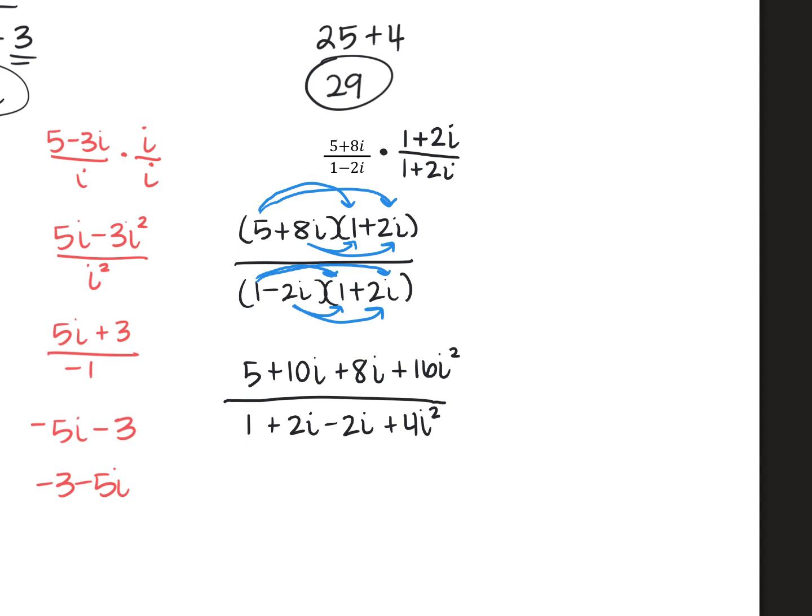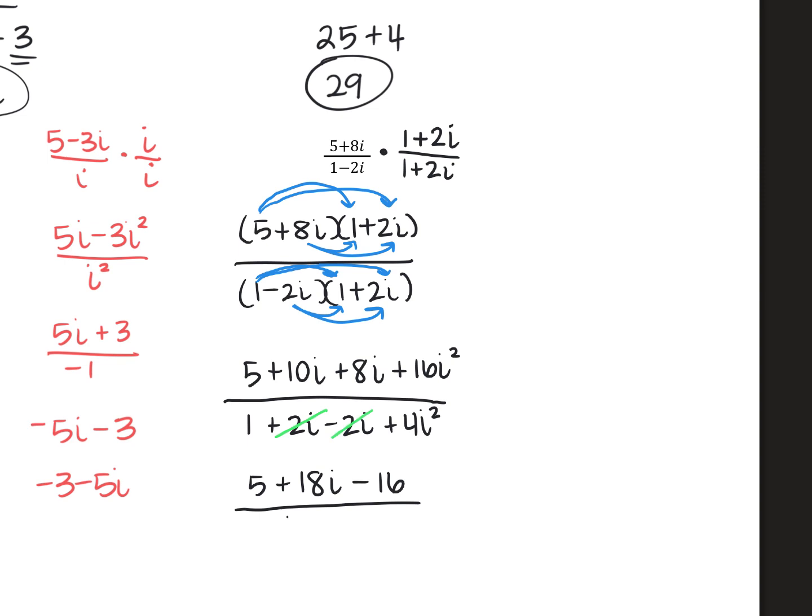Just like when I was multiplying with radicals, I'm now going to combine like terms in my numerator, and I'm also going to simplify powers of i. So I'm going to get 5 plus 18i, and then my positive 16i squared is going to become a negative 16. In my denominator, just like when we did the rationalizing, my plus 2i and my minus 2i are going to cancel.